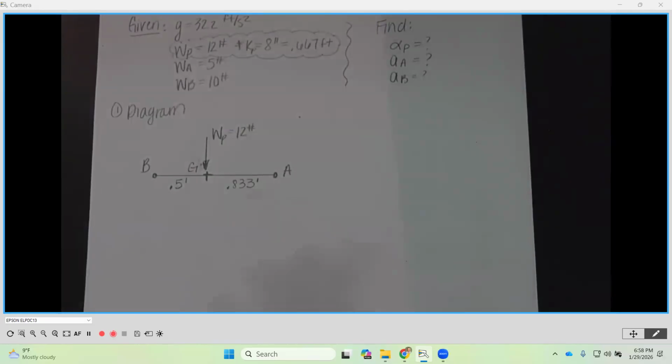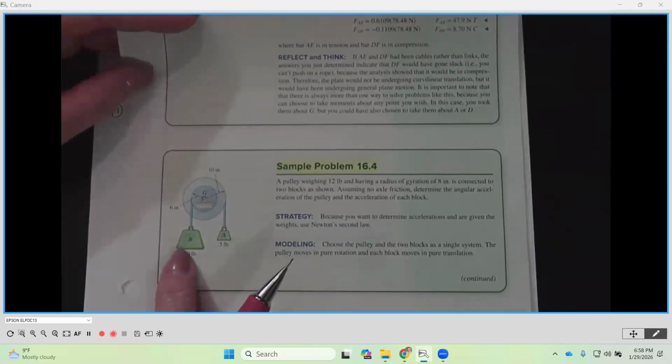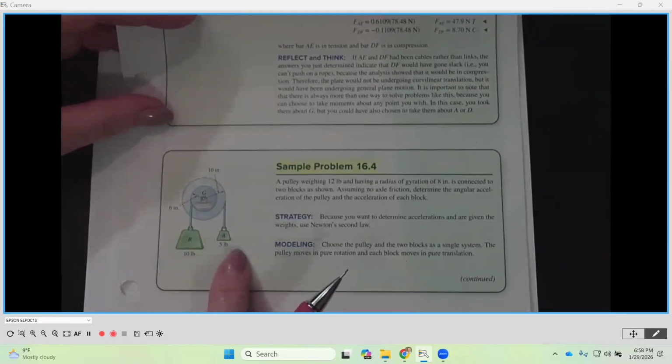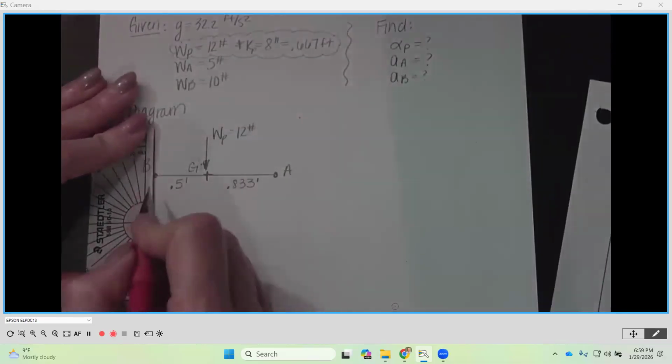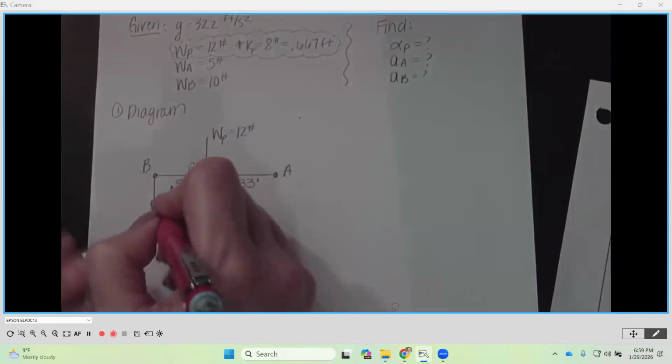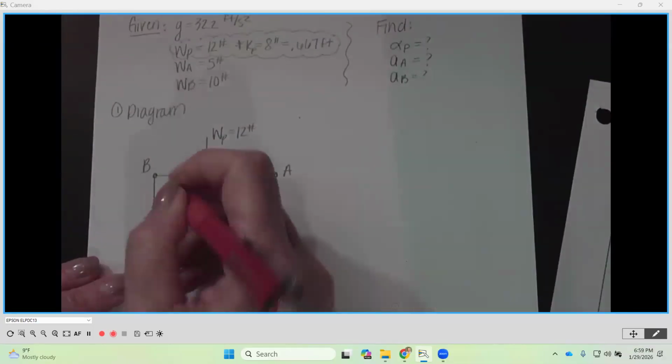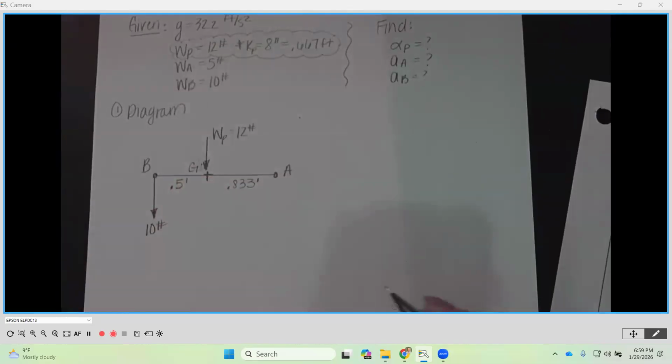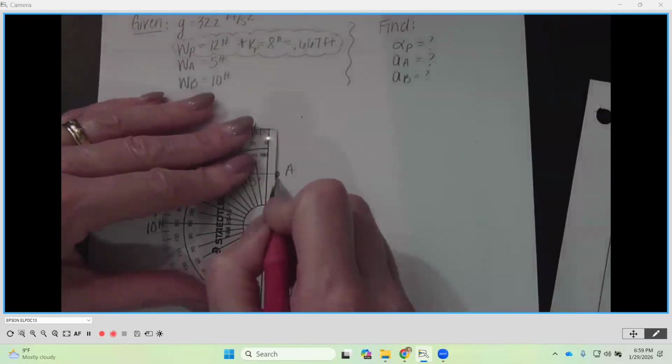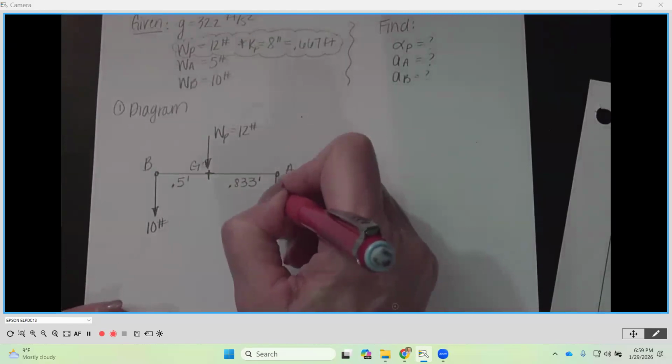Okay. Now at B, force-wise, we have the weight of B going down, and then at A, we're going to have the weight of A going down. So B is 10 pounds. Okay. And A is 5 pounds.